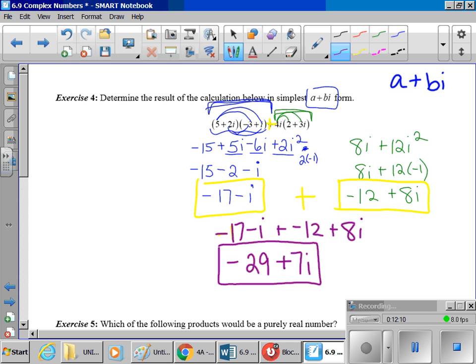I'm hoping that you're thinking this is really easy, because it really is. The only concept you need to know here is that i squared is equal to negative 1. The other skills you should have.